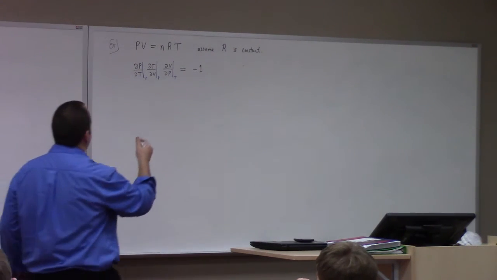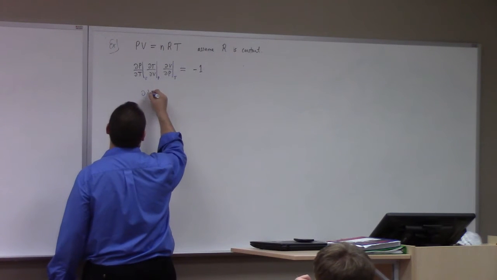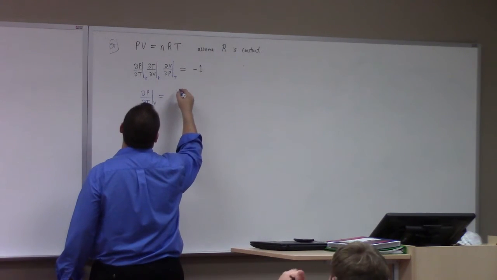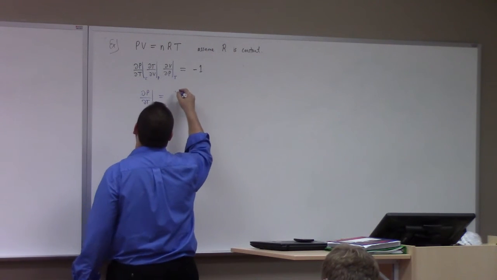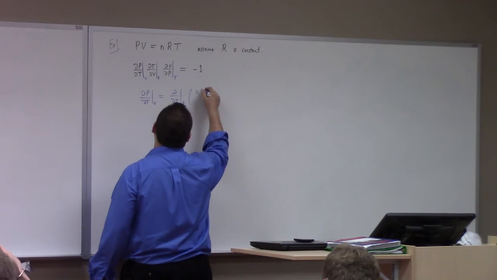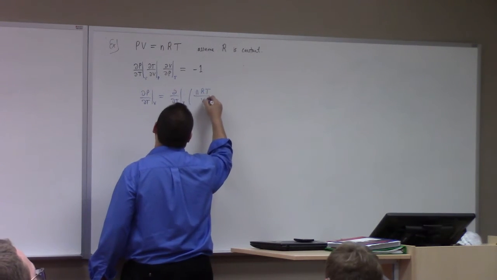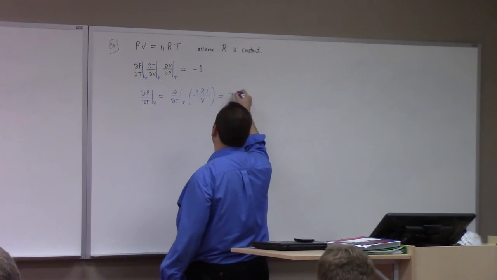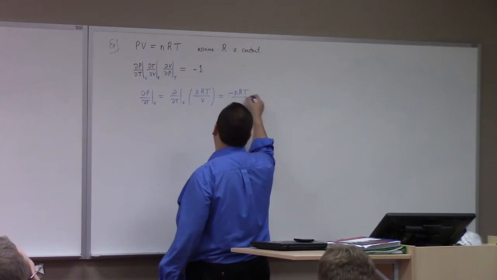So let's actually calculate these. Partial p, partial t, holding v fixed. You can solve, that's partial t holding v fixed of nRt divided by v, right? That's p. What does that give you? nR over v.